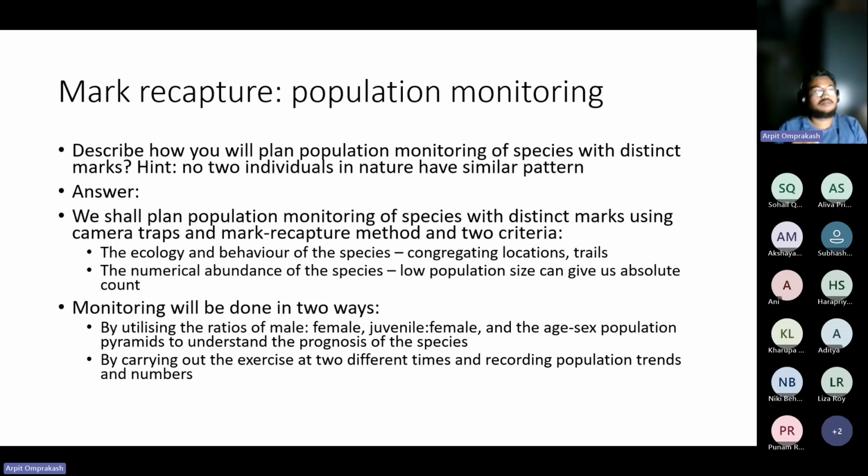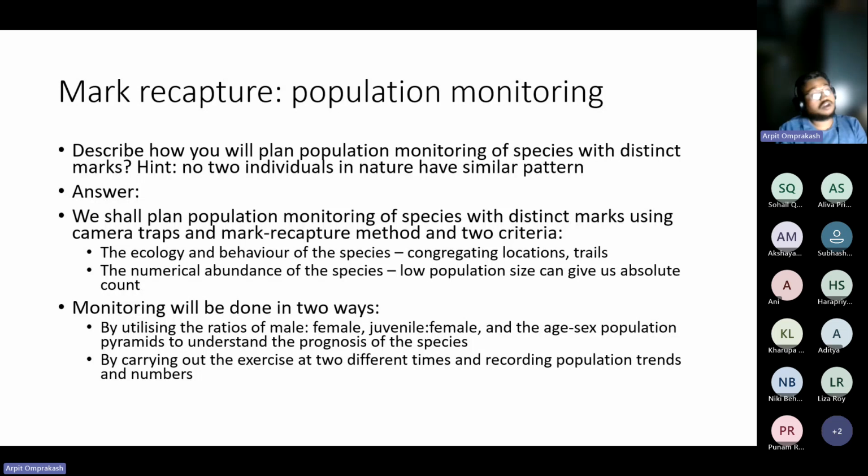If we are looking at species like that, which are aggregating or congregating at certain sites, we can put our camera traps there. Or if we know that a tiger follows a certain trail, we can put a camera trap near the trail. The second thing is we have to be careful of the abundance of the species.